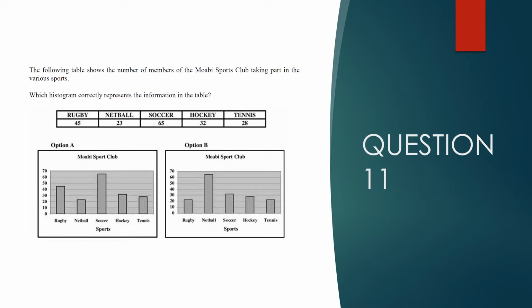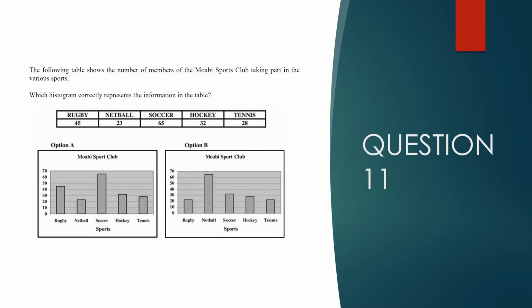If you check, they are saying that rugby is 45. So if we check from option A, we go to rugby. Yes, it's 45. Then netball is 23, right there at 23. Then soccer is 65, and it's there at 65.